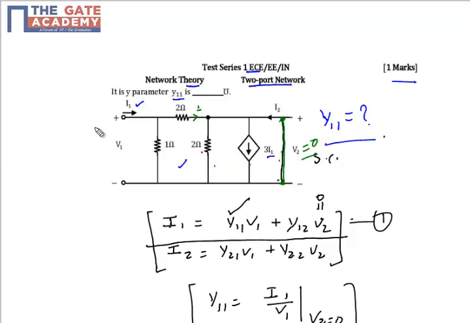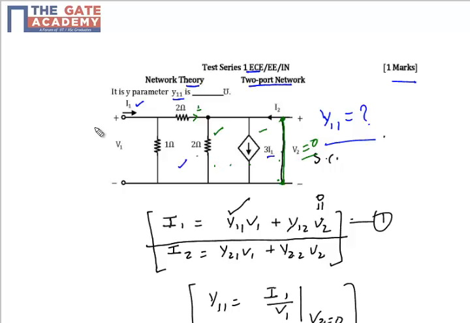Current always travels in the low impedance path, so the entire current will flow through the short circuit wire. There will be no current in the 2 ohm resistor or in the dependent source 3i1. Dependent sources don't have their own energy; they get it from other elements. So with no current across them they act like an electrical open, and they have no significance. That's why we say the 2 ohm resistor and the dependent source are short circuited.